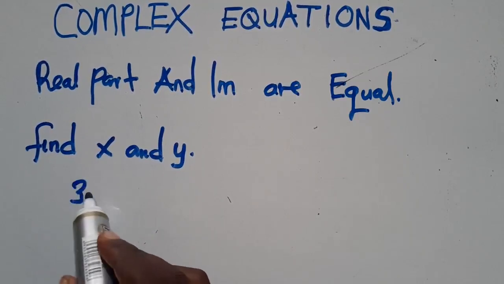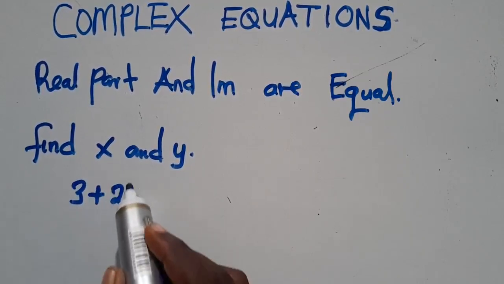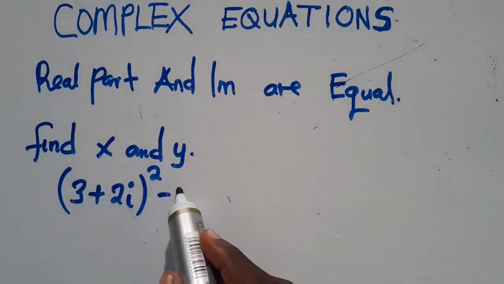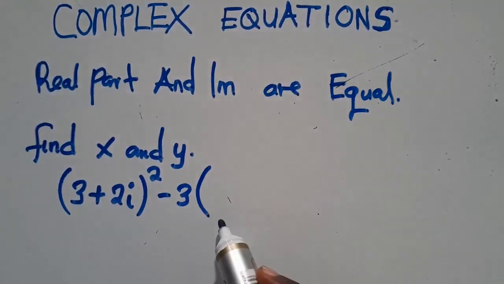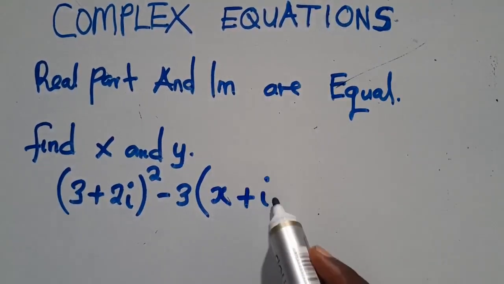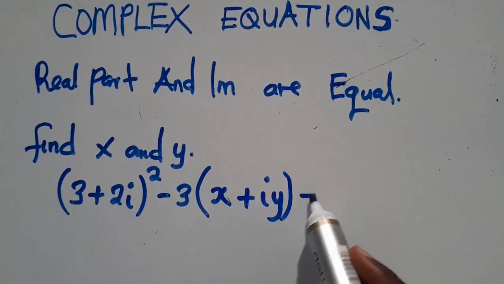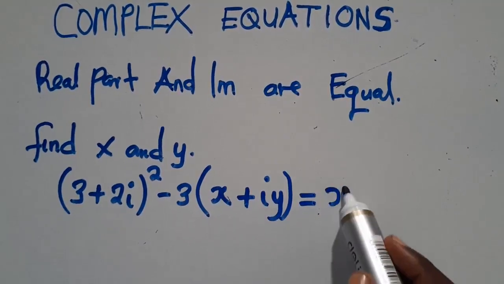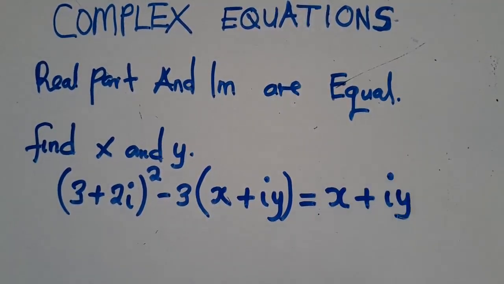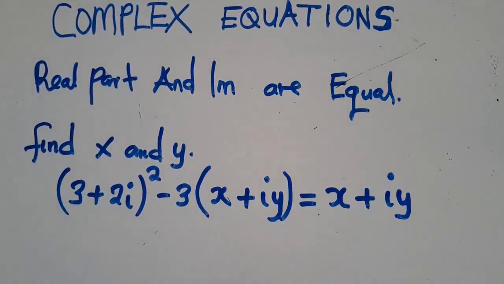It's saying 3 plus 2i, then squared, minus 3, x plus y, which is equal to x plus y. This is what you are given. You are told to find the value of x and y. So how can you go about this?